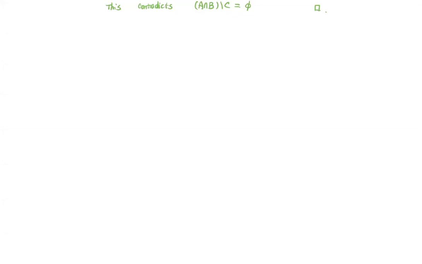Let's talk about what image means. If we have f mapped from A to B, and let's make something up. Let me see if I can find a good function.